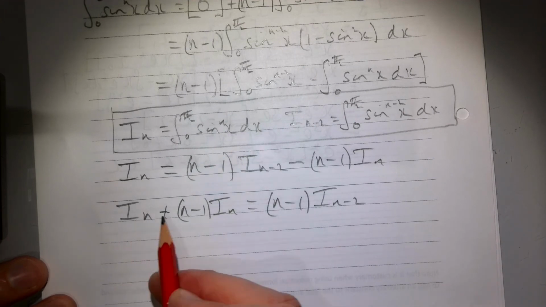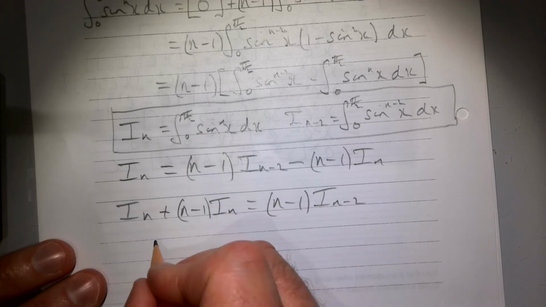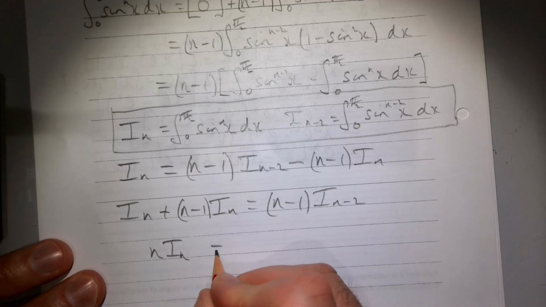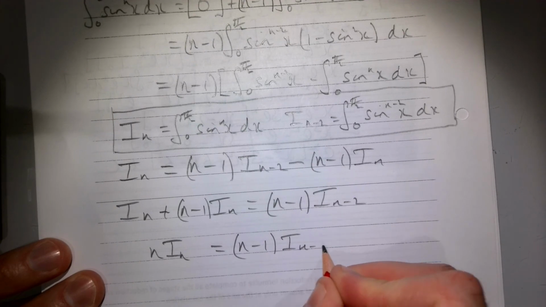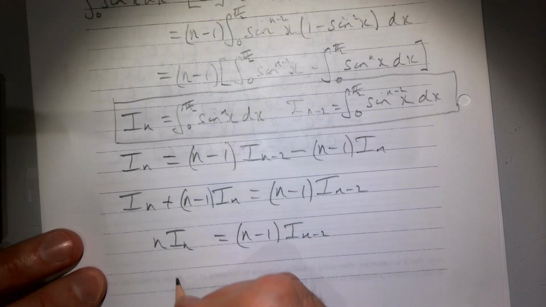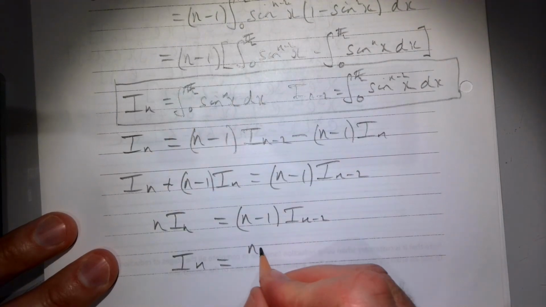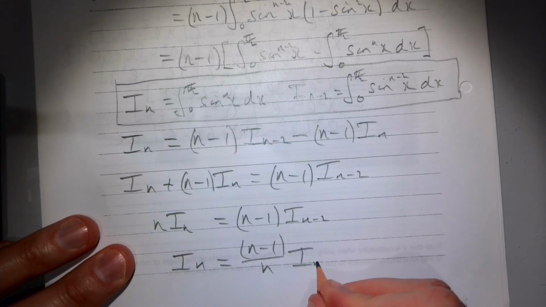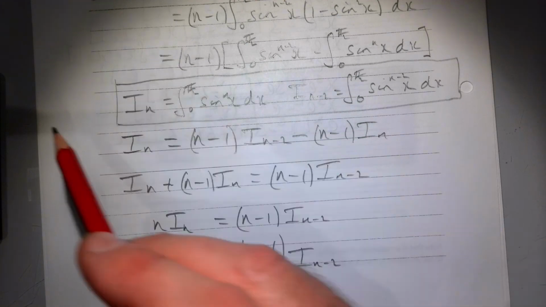You've got I_n plus n minus 1 I_n, so that's n I_n. You just end up with n I_n equals n minus 1 I_(n minus 2), and that means our reduction formula is going to be I_n equals n minus 1 all over n times I_(n minus 2). In the next video we're going to use this to solve specific ones.